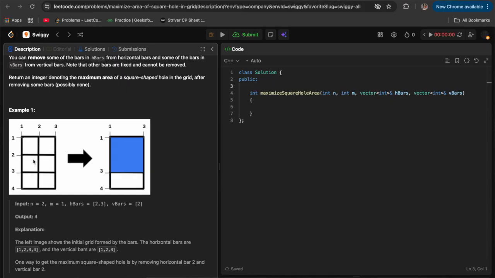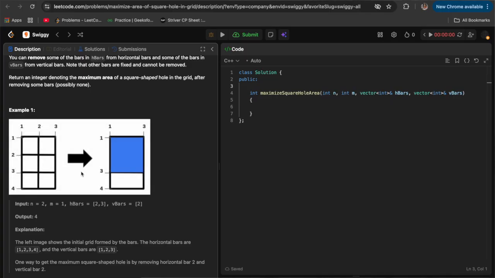You can imagine that if I remove the second and third, then I'll get a vertical rectangle and another vertical rectangle, both vertical rectangles. But I want a square. So in that case also I'll have a maximum of a 1 cross 1 square, because though I have a height of 3, I have a width of 1 only. Then they have told us I can remove the second bar, so I'll remove this also.